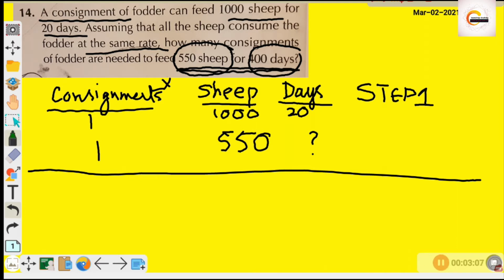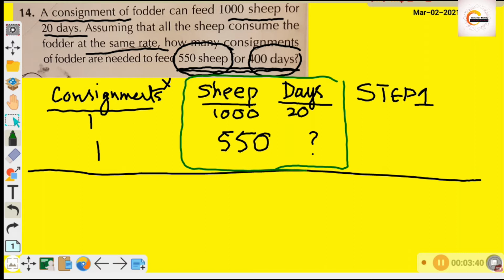Now let's see, since we have figured out and we have to deal with these 2 variables, let's see. If we have 1,000 sheep, will it take more days to consume a consignment of fodder, or will it take less days to consume the consignment of fodder?